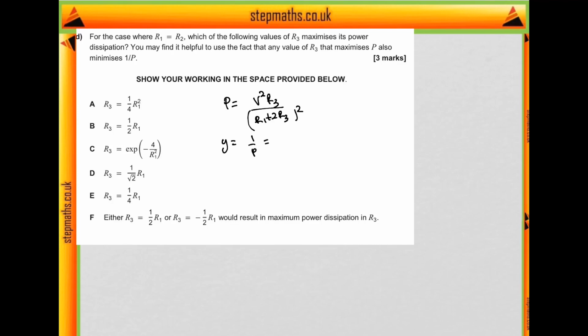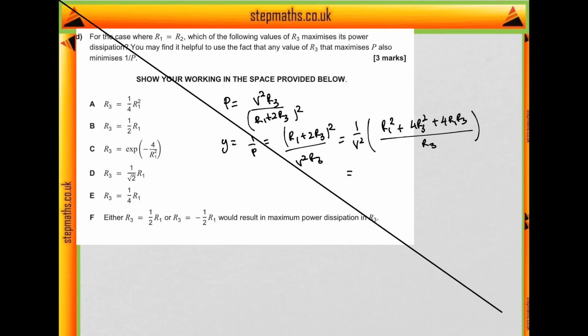So 1 over P is in fact just (R1 + 2R3) squared over V squared R3, which is the same as 1 over V squared multiplied by (R1 squared + 4R3 squared + 2 times 2 times R1R3, so 4R1R3), everything divided by R3.